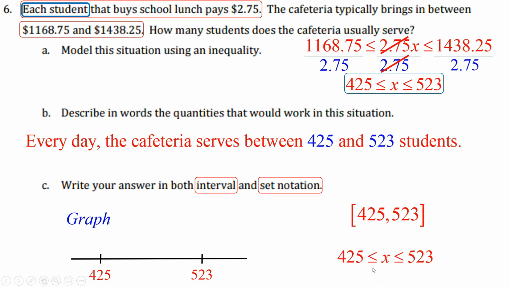When there's not an equal, my dots are open. But if x can equal 425, solid dot. And x can equal 523, solid dot. And we're talking all my x's are everything in between and including those two bounds. There it is right here. And what is that? That is the number of students buying school lunch, x.